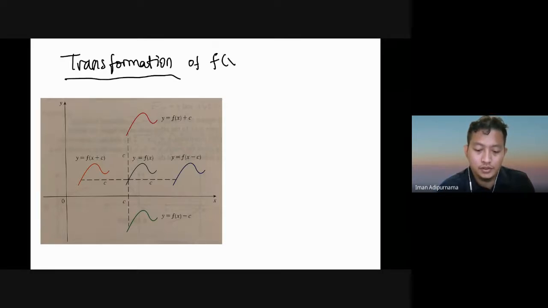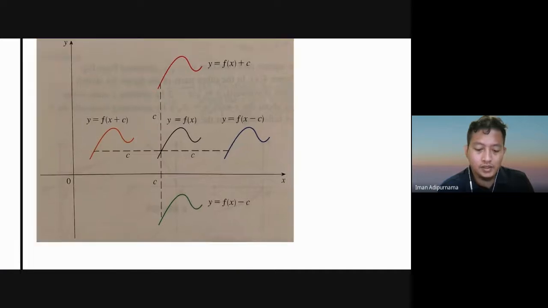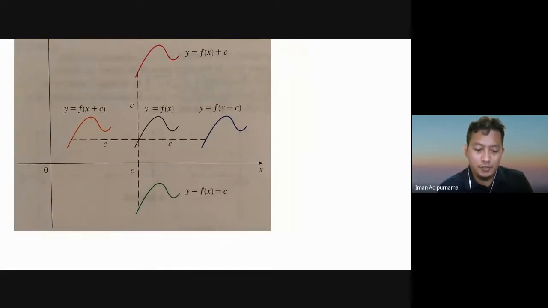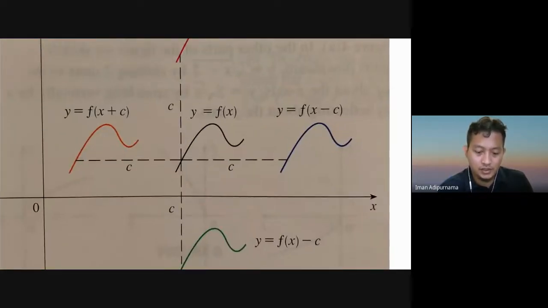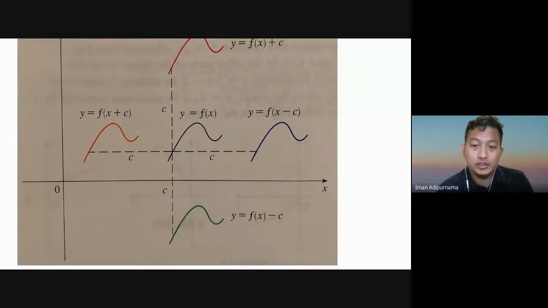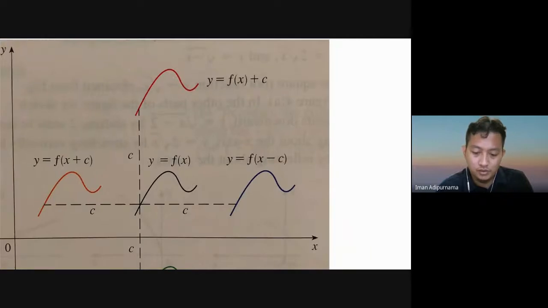Transformation of functions. First, imagine the original function is in the middle, the f of x. Look at how the function will transform when you move it. Just move to y positive. I will use a green color.